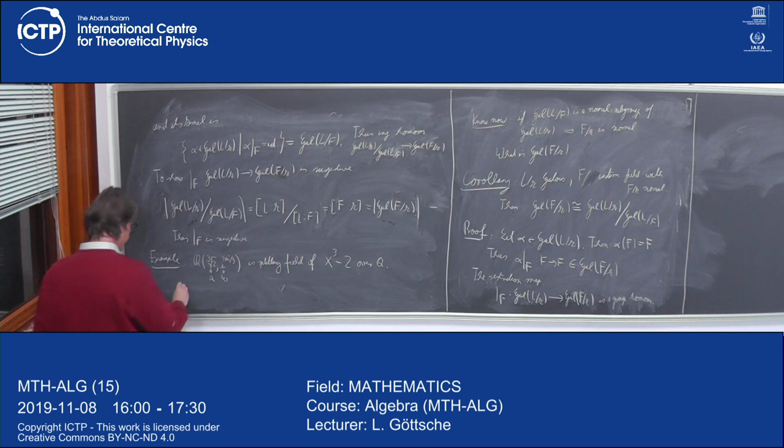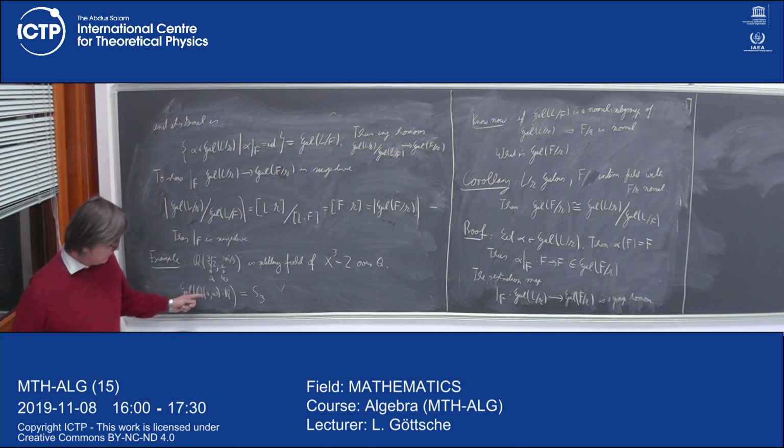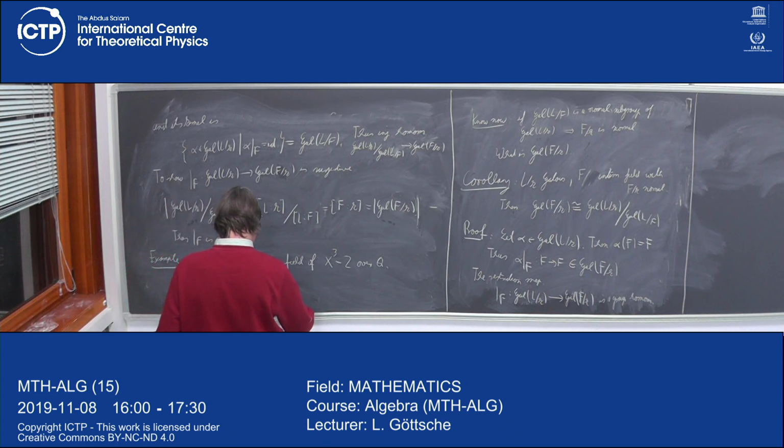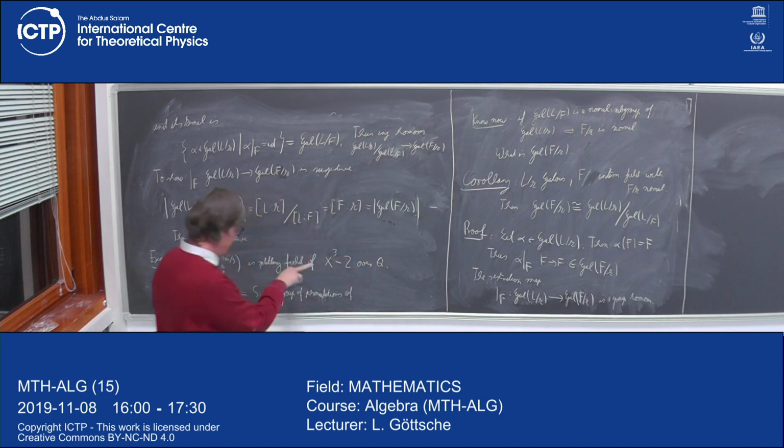So we know that the Galois group of this field extension over Q is isomorphic, or I just say equal, to S3, where this is the group of permutations of all the roots of this polynomial.